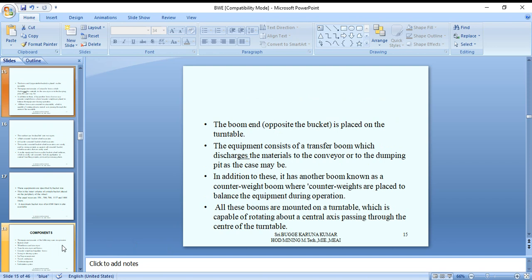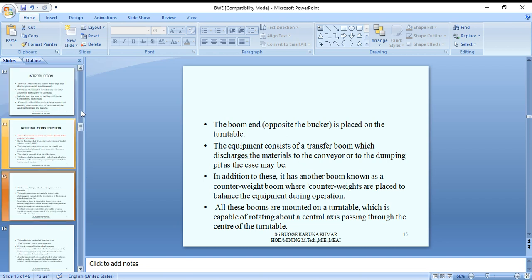The boom end opposite to the bucket is placed on the turntable. At one end of the boom is the bucket wheel, and at the other end is the turntable. That is nothing but a swinging mechanism for moving the machine around.